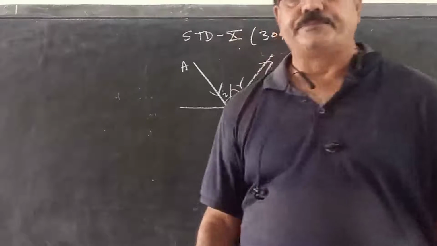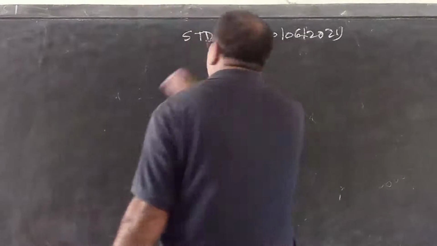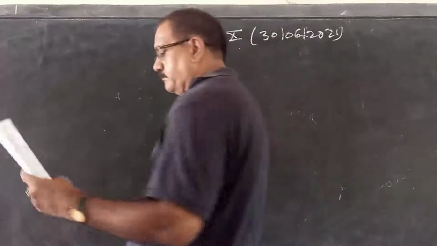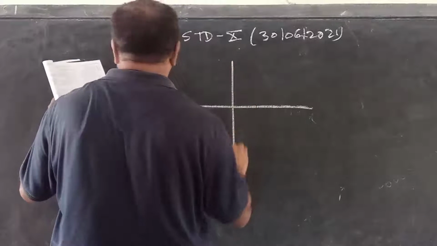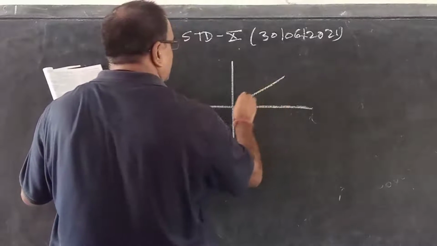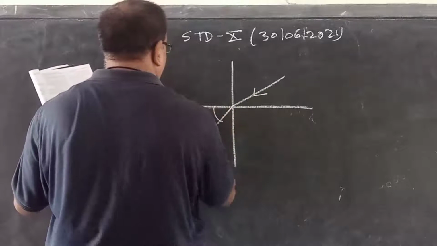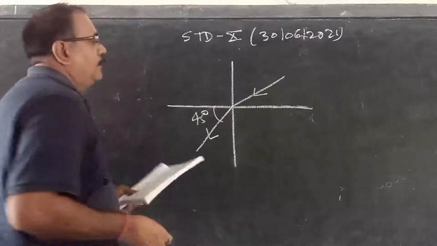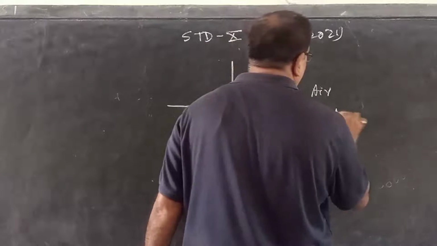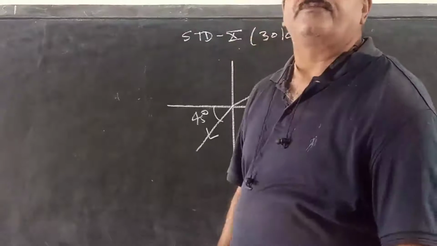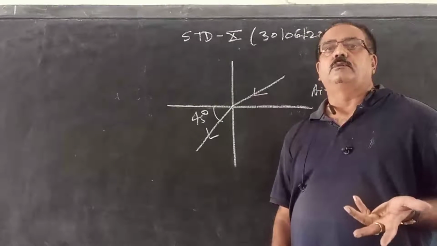Right? Another type of question. In this question, we have to find the angle of incidence, the angle of refraction, and the refractive index mu.